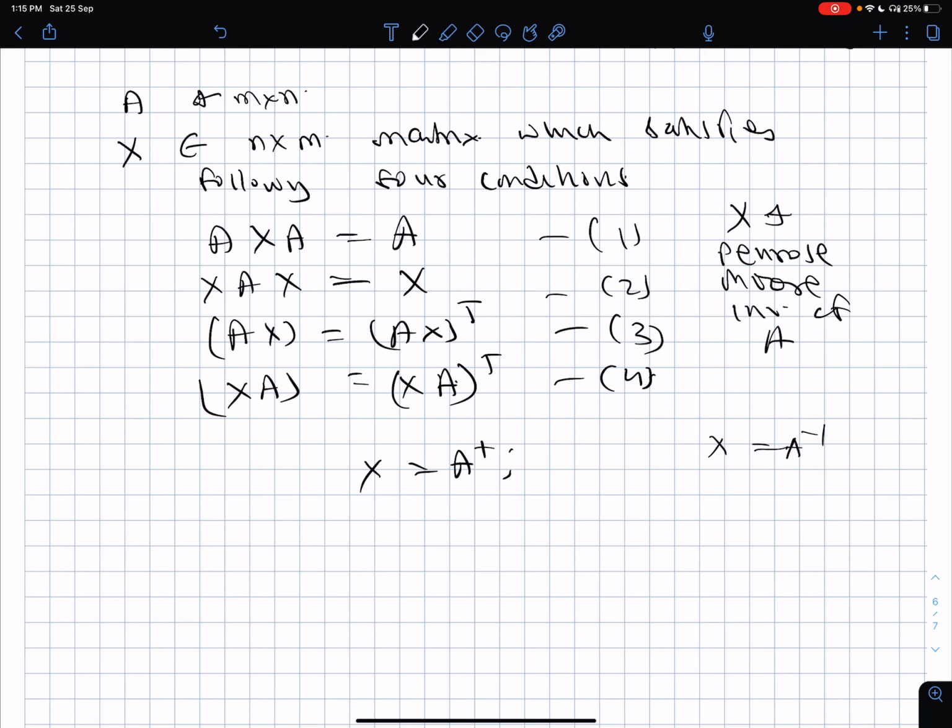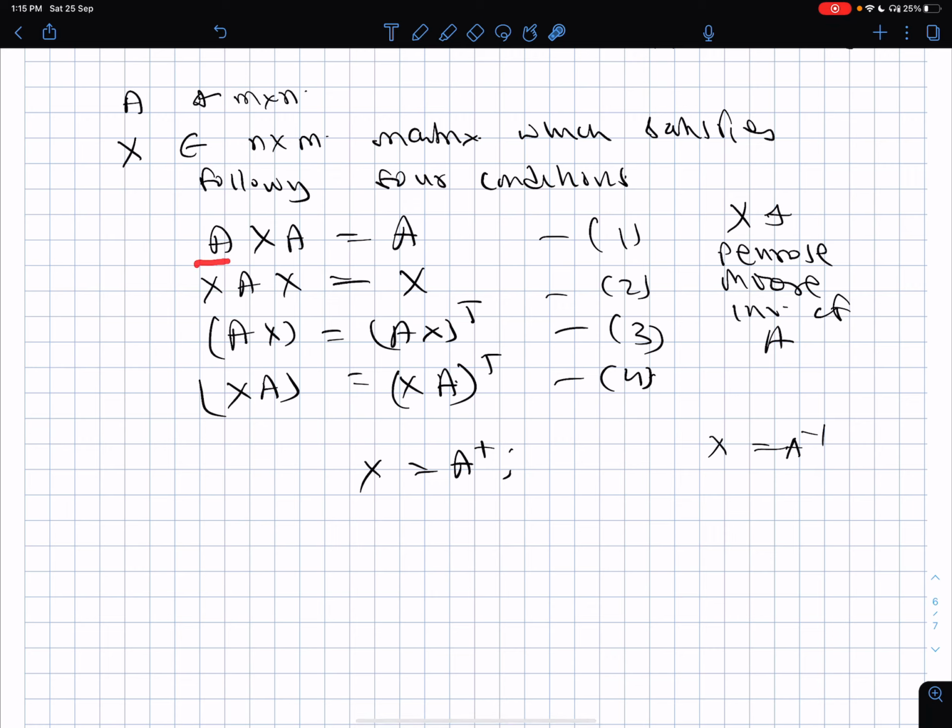You can check that A A inverse will be an identity matrix and hence same as its transpose. A inverse A will also be an identity matrix and hence same as its transpose. So basically the normal inverse of a non-singular square matrix, if it exists, automatically becomes the Penrose-Moore inverse. But this generalizes the concept to all matrices.